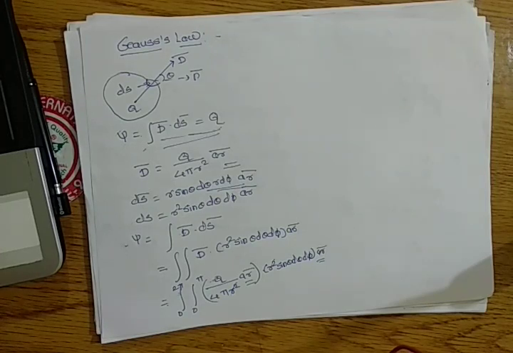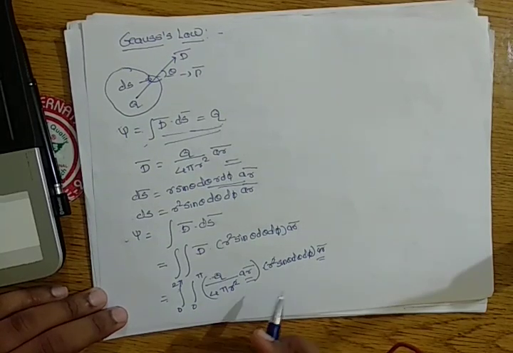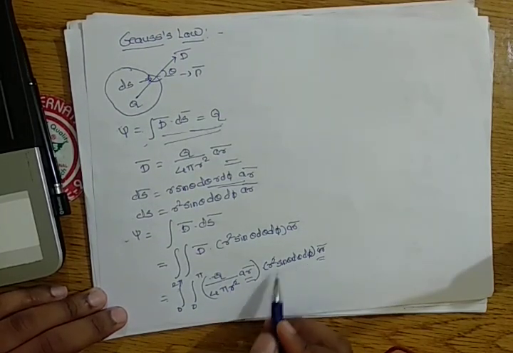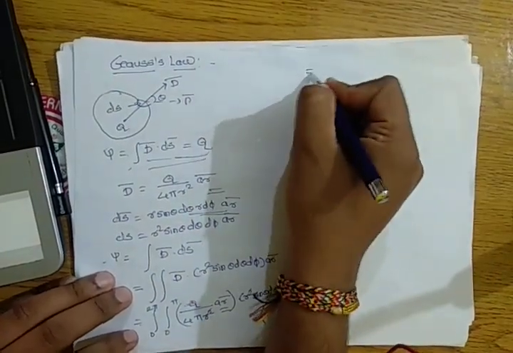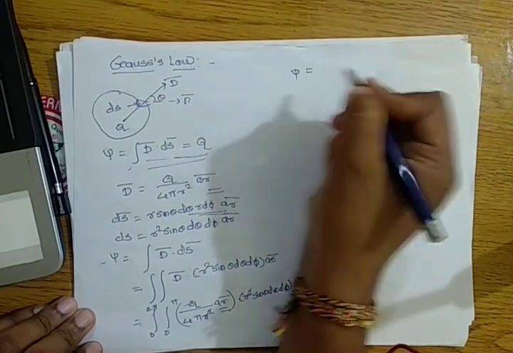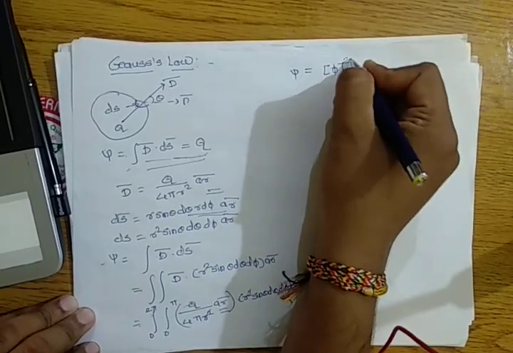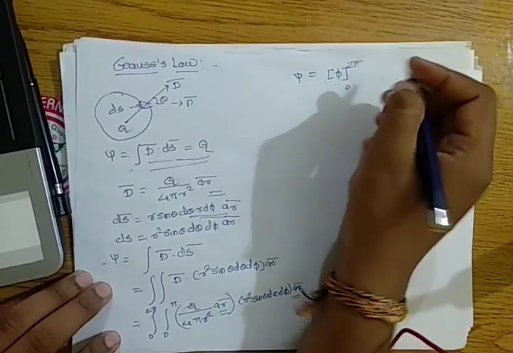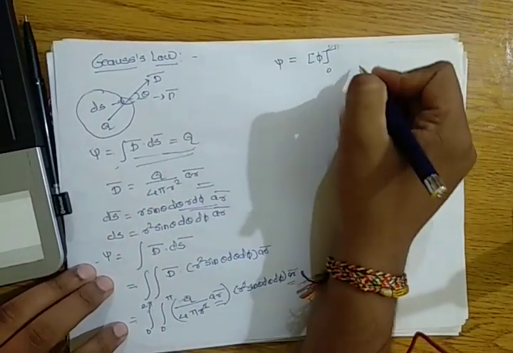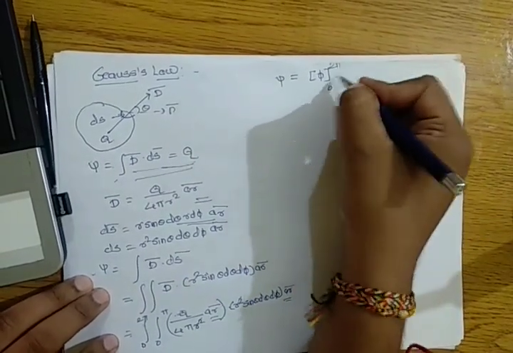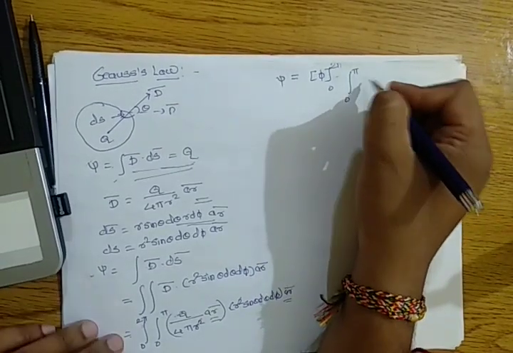Now 0 to 2 pi is for phi, so we take d phi only, and phi goes from 0 to 2 pi, and the integration from 0 to pi is for sin theta.